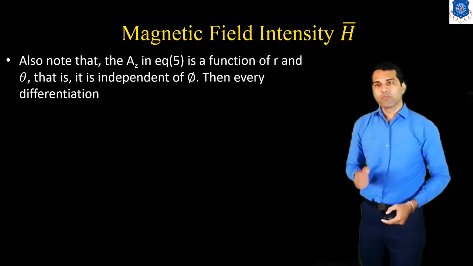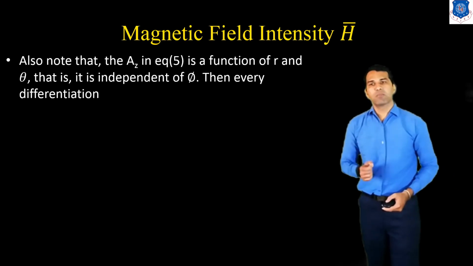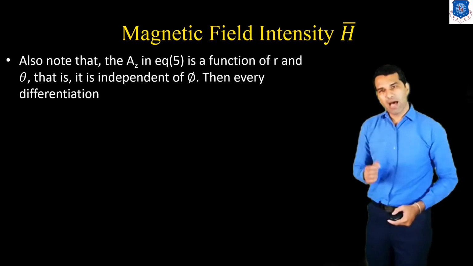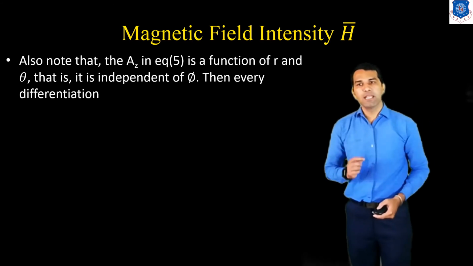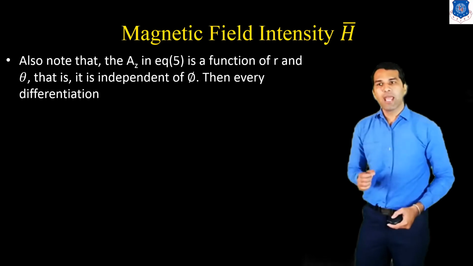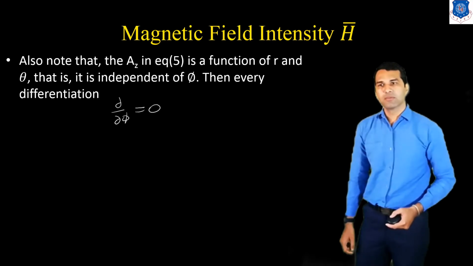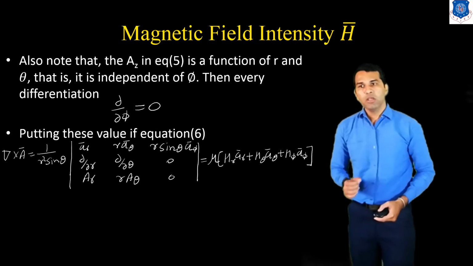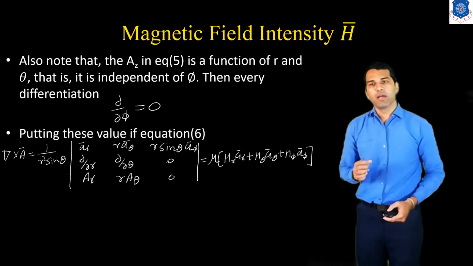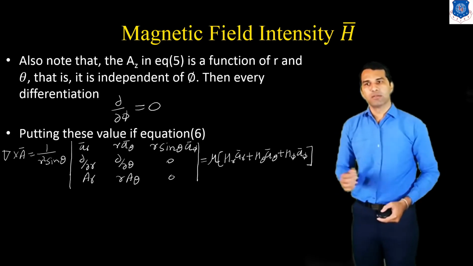Also note that A_z in equation number 5 is a function of r and theta, that is, it is independent of phi, so every differentiation del by del phi is equal to 0. Now we put this value in our equation.